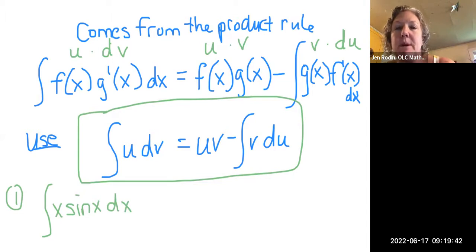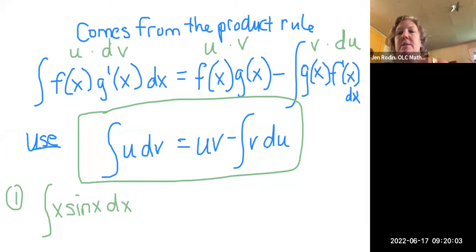We can't just separate them because it's multiplying. If they were adding, we could separate the terms, but not when they're multiplying. We can't use u substitution to cover that whole thing. It would just be a mess. So we can't use the u substitution that we did in chapter 4.